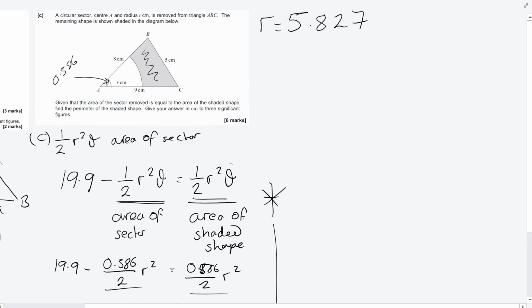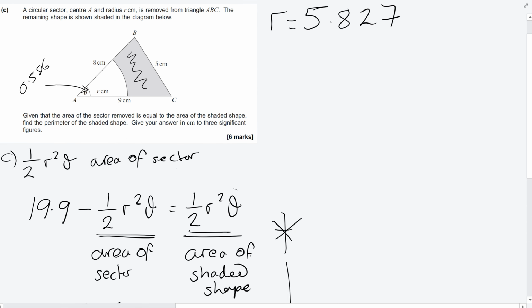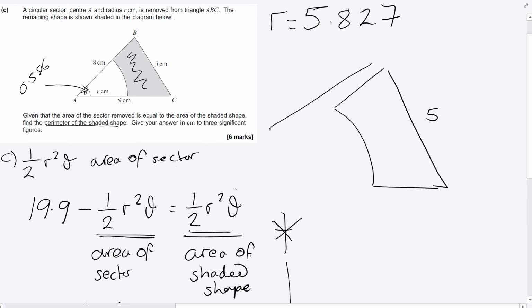Now let's have a look at what we've been asked to do. We've been asked to find the perimeter of the shaded shape. So the shaded shape is this thing here. Currently, I know that length is 5. This whole length is 8.